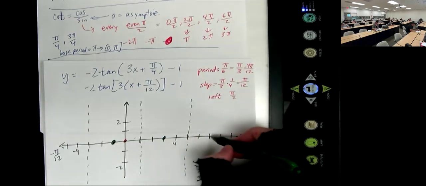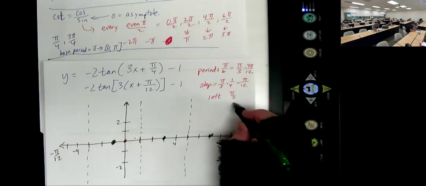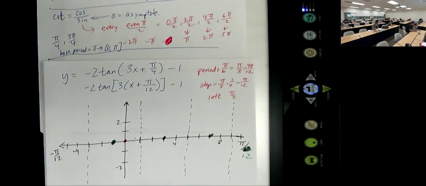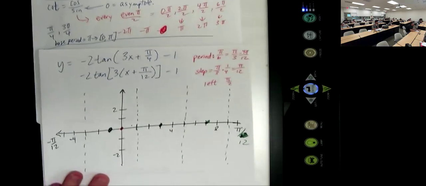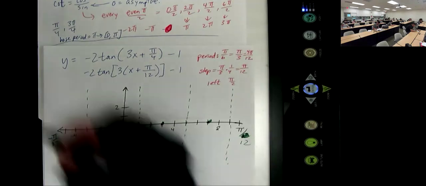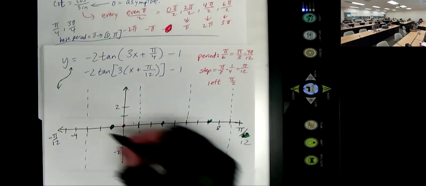That's the base graph shifted horizontally. Tangent went like this, so my points are gonna go like that.